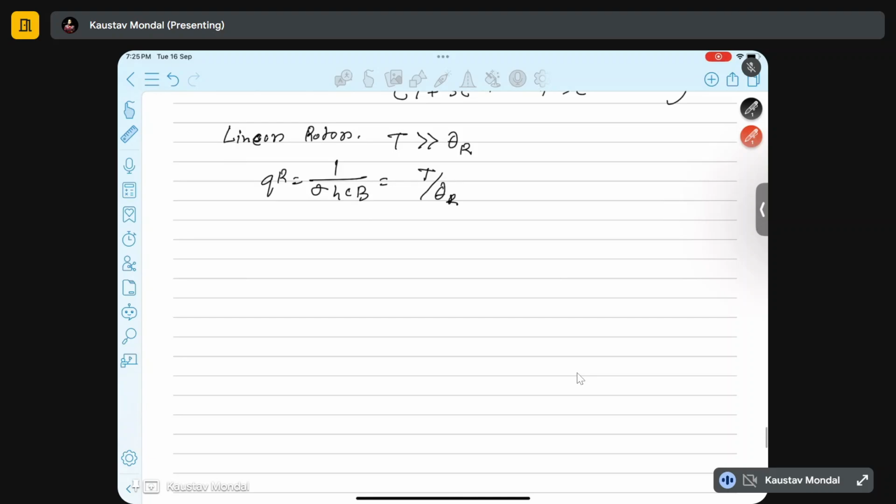For that case, this expression of ER becomes much simpler: 1 by QR into del QR by del beta.